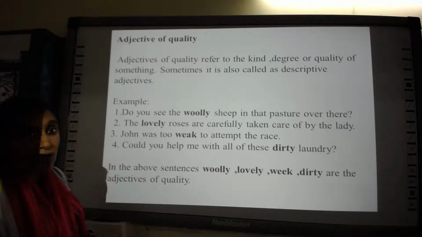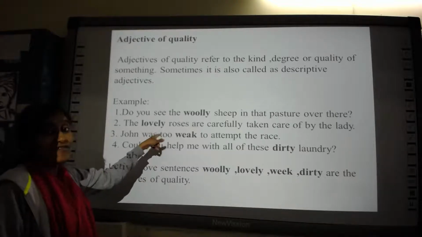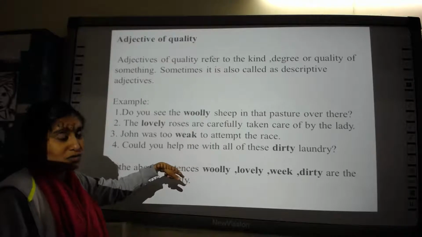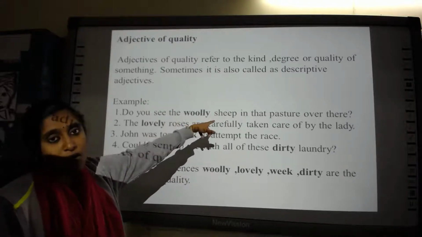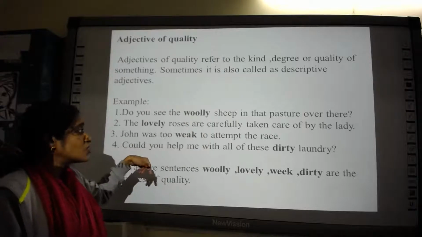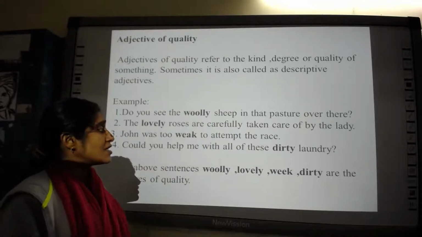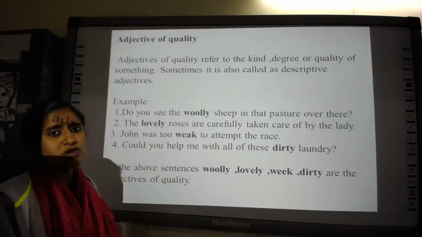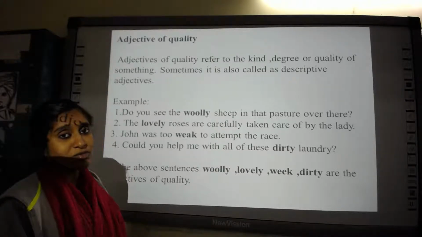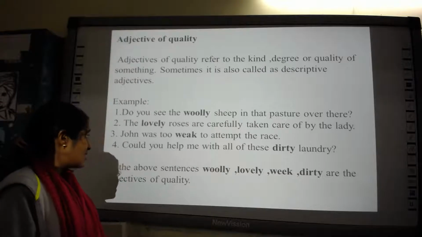What kind of rose is it? The lovely rose. So it is describing the quality of the rose. John was too weak to attempt the race. How was John? He was very weak to participate in the race.